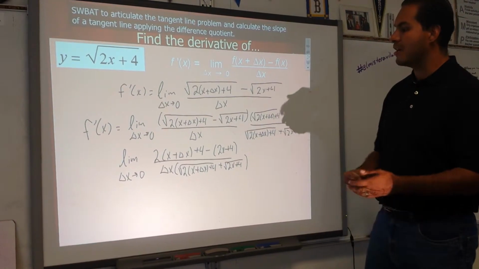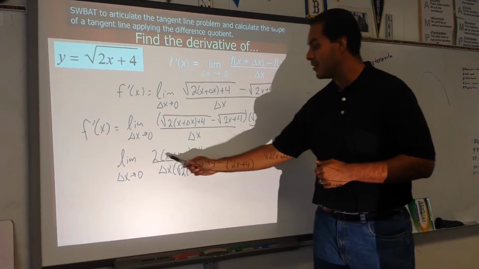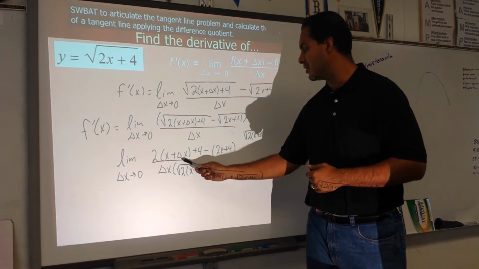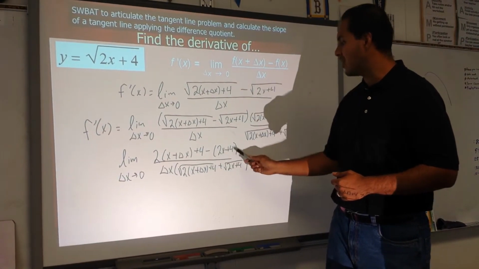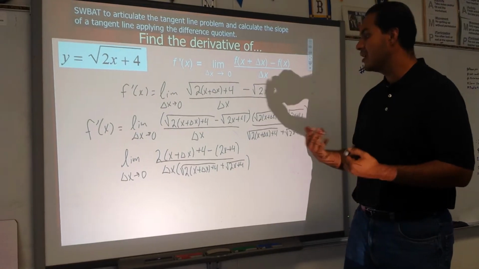Now in the numerator, I'm going to have to do a few steps all in one shot. I'm going to distribute the 2, so that gives you 2x plus 2 delta x plus 4 minus 2x plus 4. And if you look carefully, things are going to cancel out.